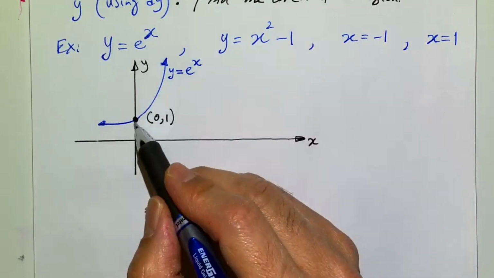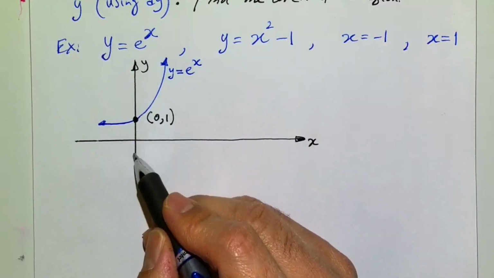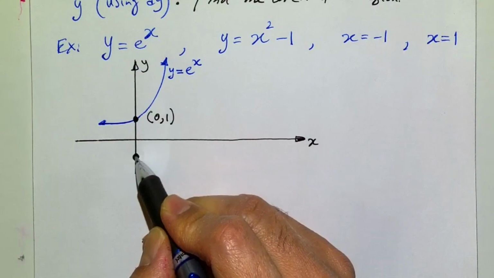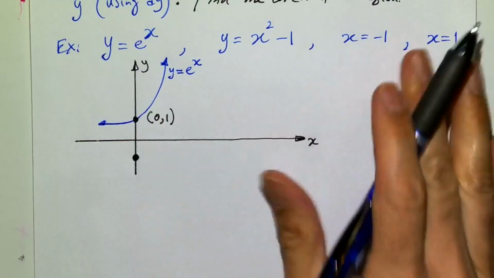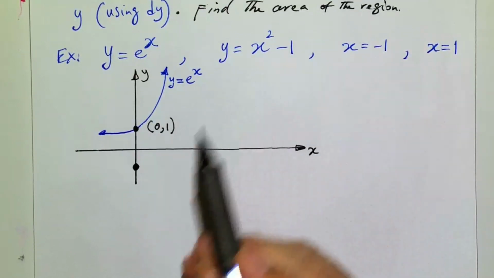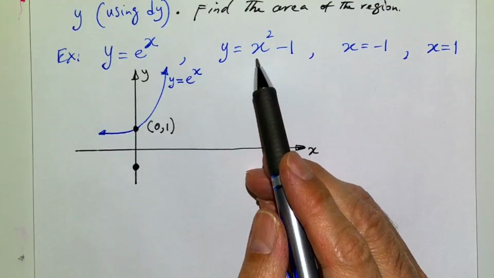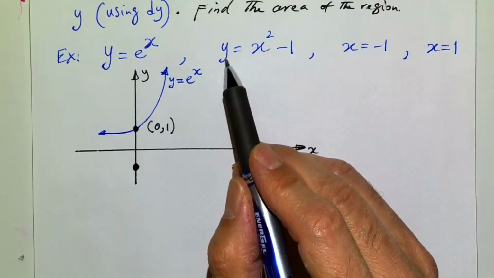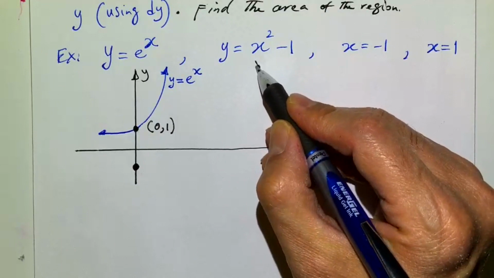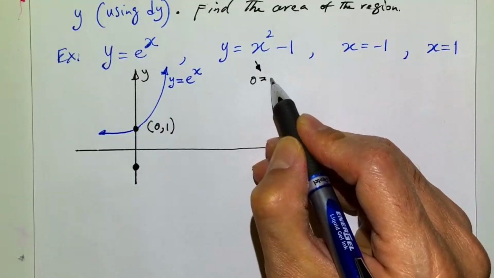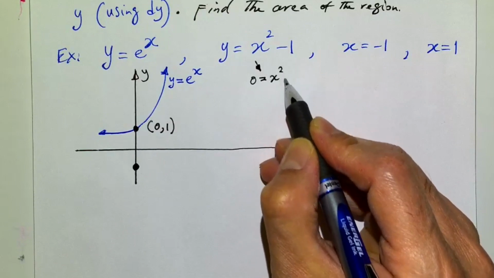So let's do that. If that's 1, then I want to stay to the same scale as much as possible. Somewhere here we will have the vertex of that quadratic function. And what about the x-intercepts? For x-intercepts, we set y equal to 0, so we say 0 equals x squared minus 1.